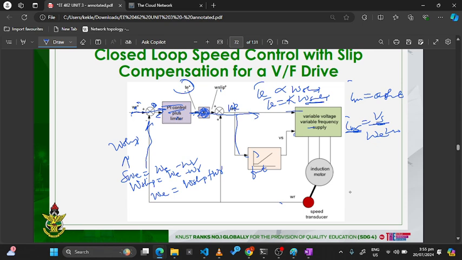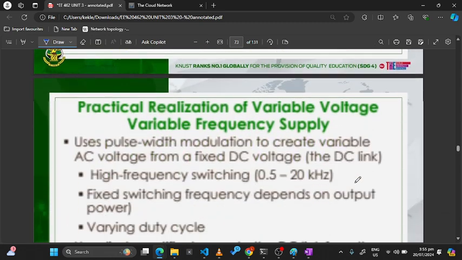Then these two parameters are fed to the variable voltage, variable frequency supply. So I'm changing Vm, and I'm changing omega E, and I want my Im to be constant. Okay, so that's the closed loop.